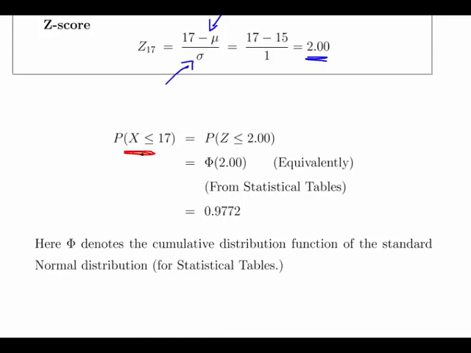Okay. Probability of x less than or equal to 17 is equal to the probability of z less than or equal to 2. So this here is the phi function, which is the cumulative distribution function, the CDF, of the z distribution.